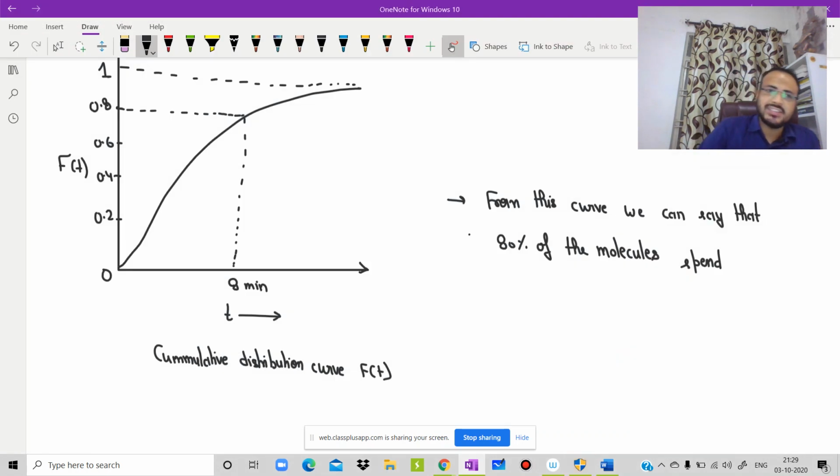From this curve, we can say that 80% of the molecules spend 8 minutes or less in the reactor.